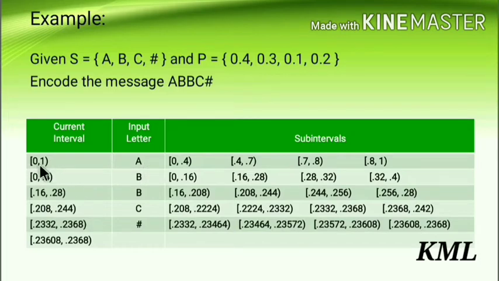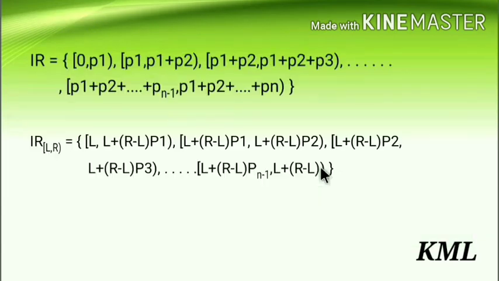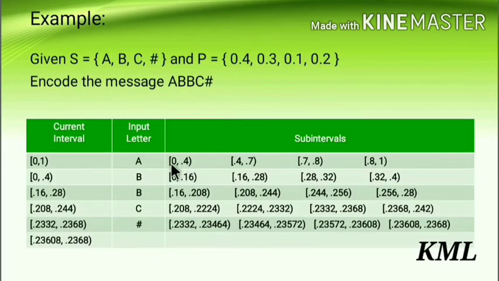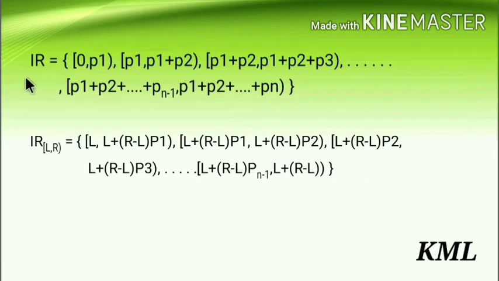Now you have to divide this interval into subintervals. So how to divide this into subintervals, I'll tell you. For this row you have to use this formula: IR equals 0, P1, P1 plus P2, P1 plus P2 plus P3 and so on.